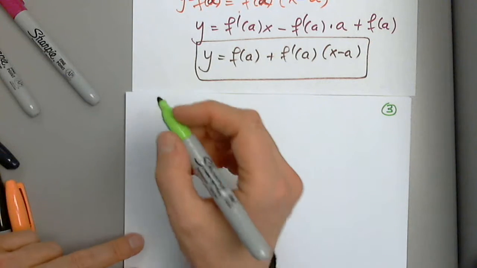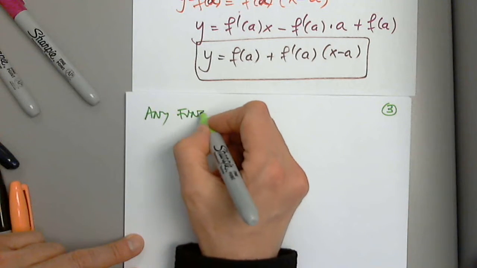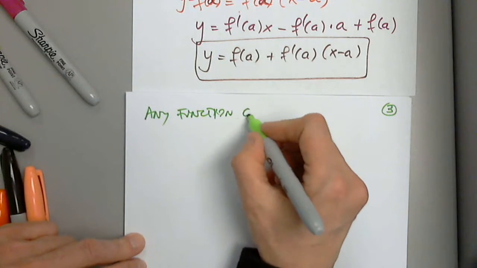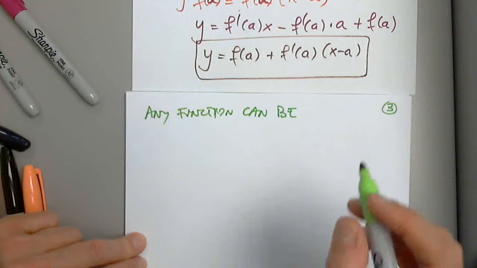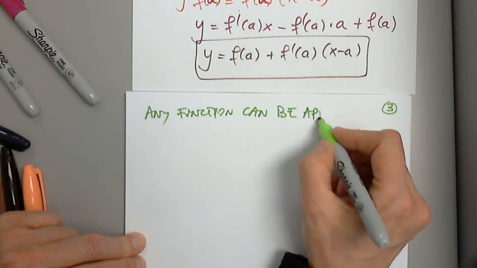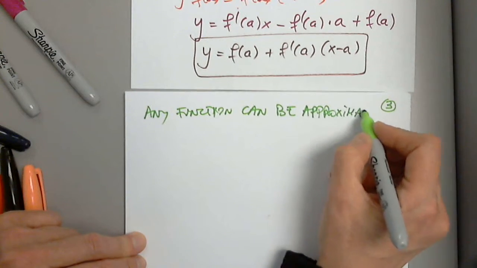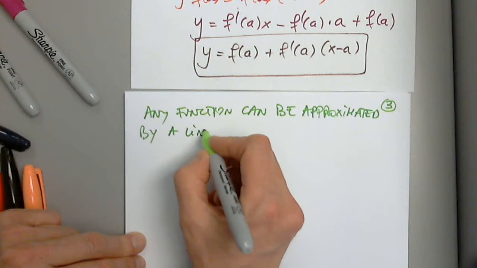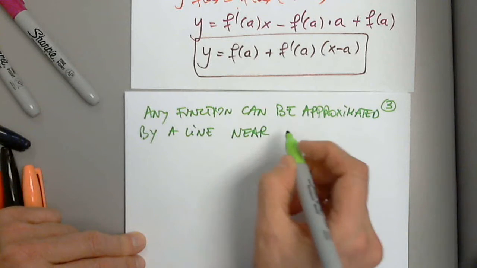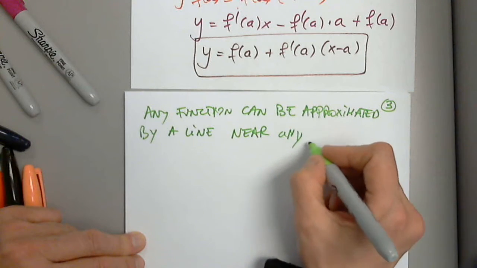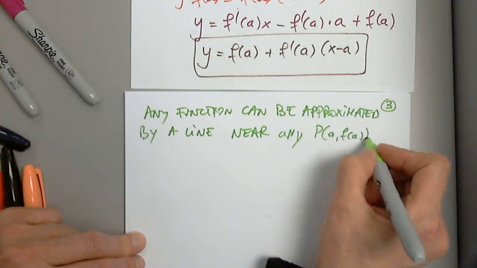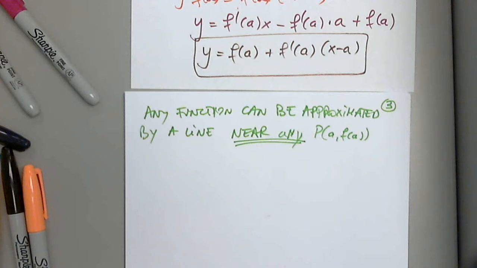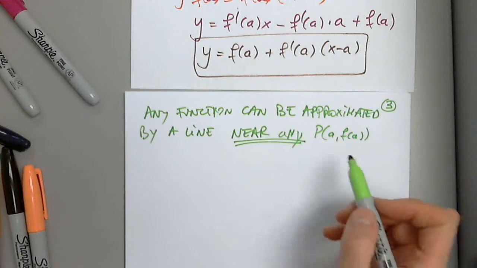Very good. Any function, of course, it has to be differentiable, right? Any function can be approximated by, or with, if you want, a line near any point P(a, f(a)). But it has to be near. We say on an open interval, close, near any point.